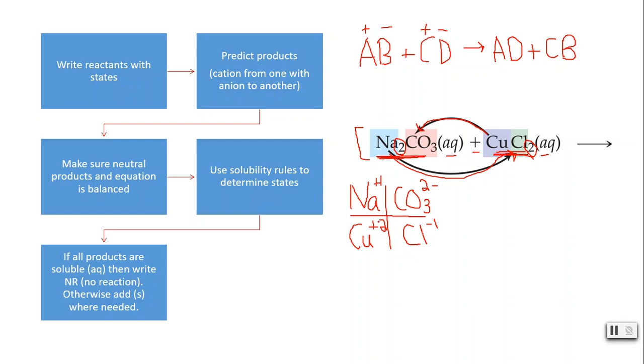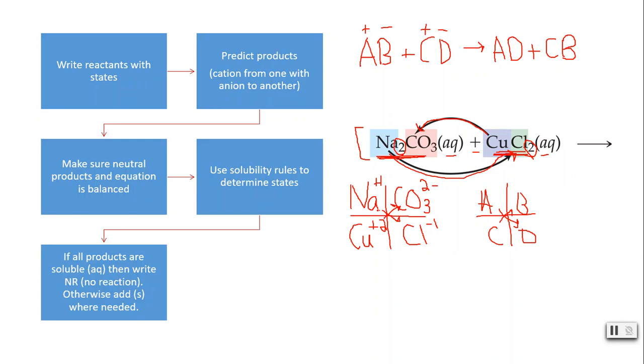So now we have our crisscross set up, kind of like A, B, C, D. And I like this crisscross method because you can easily see the charges and what pairs with what. So what are the products going to be for this double displacement reaction of sodium carbonate and copper 2 chloride?